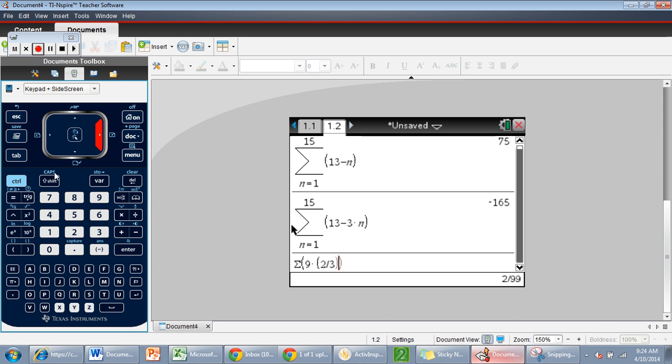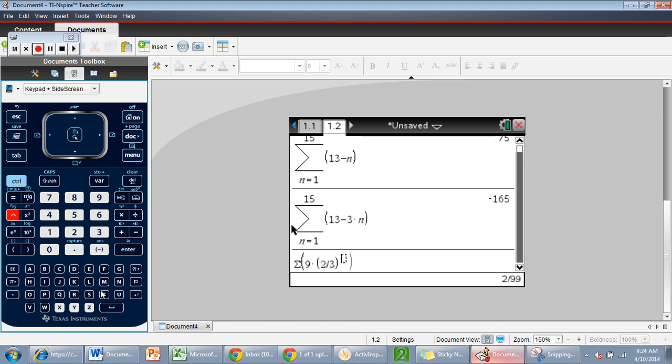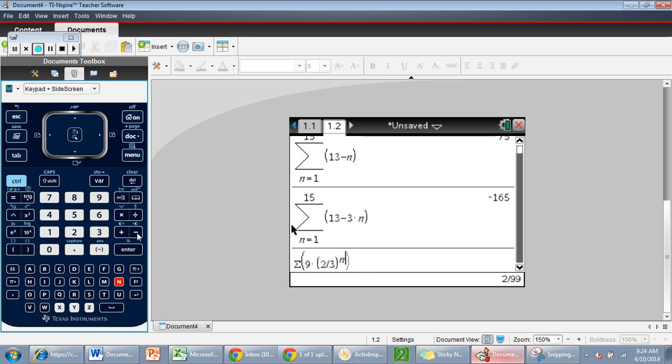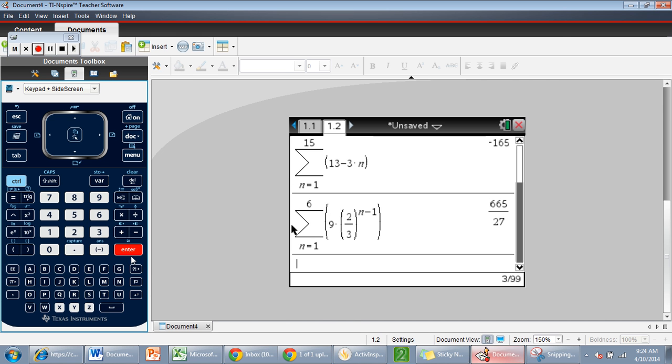Go outside of your parentheses to the power of n minus 1. Then we separate it with a comma. We tell our calculator what variable we're using. Then we tell it the bottom number, and then we tell it the top number. And then we hit enter. And so it has now added the first, the second, the third, the fourth, the fifth, and the 6th term for us. So we didn't have to do that calculation, and it came up with 665 over 27.